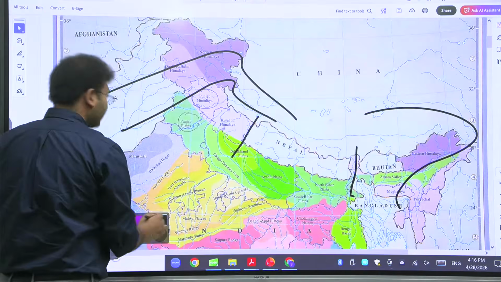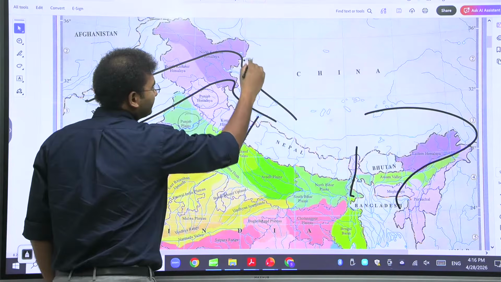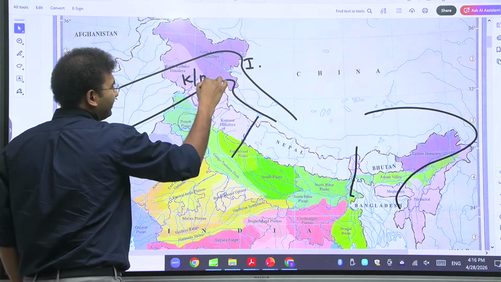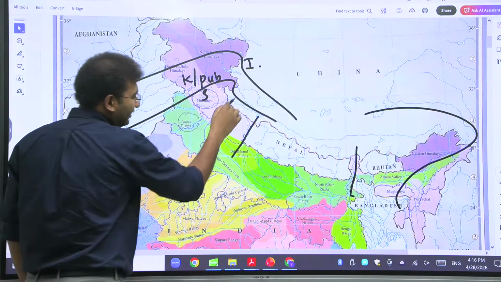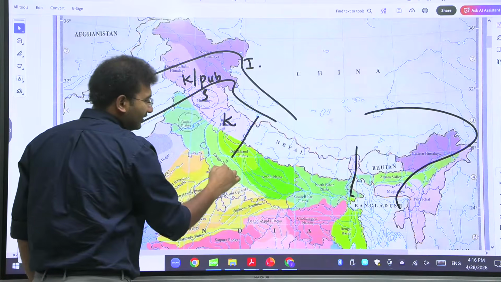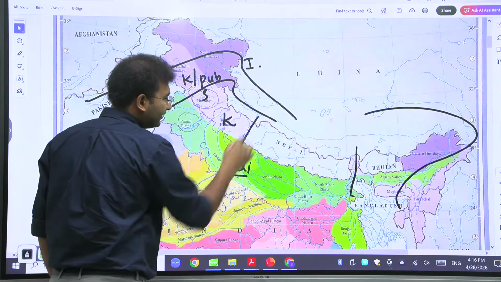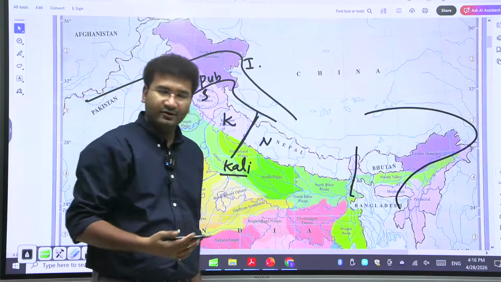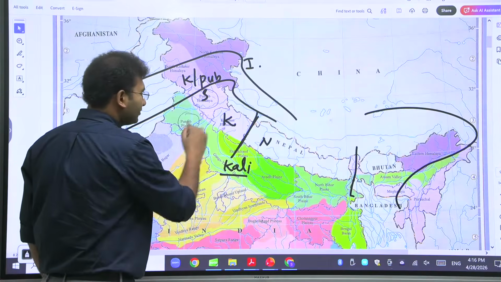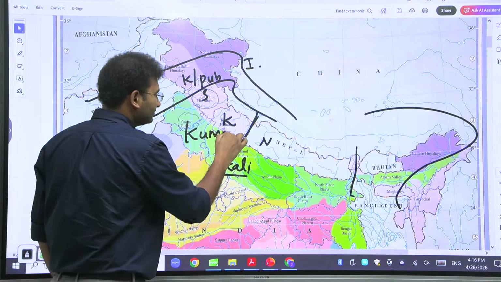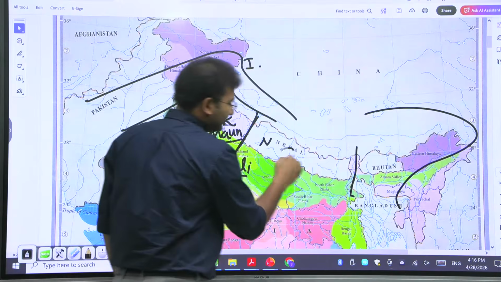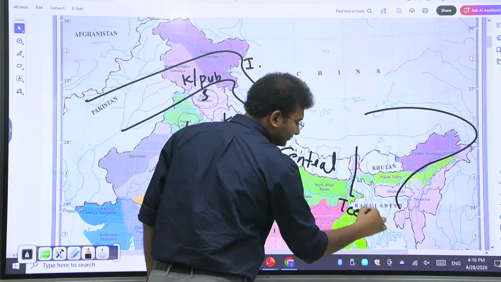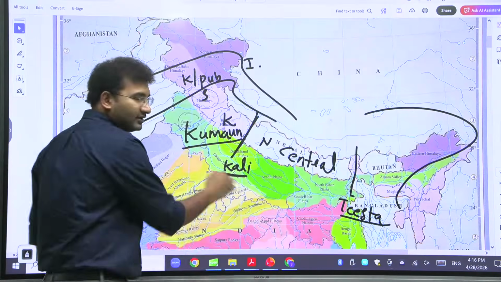So Indus and Sutlej, these are called Kashmir or Punjab Himalayas. And these are called Kumaon if it is Kali. Kali is a river which divides Nepal and India, in Uttarakhand. So these are called Kumaon. And these are central Himalayas, which is between Teesta and Kali, right?